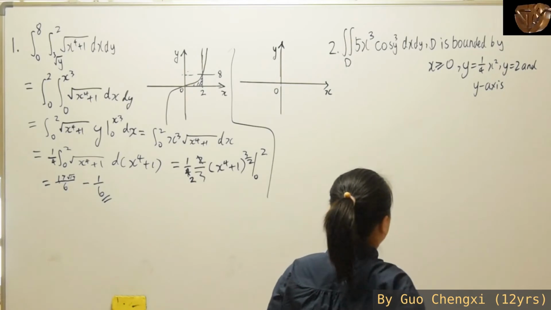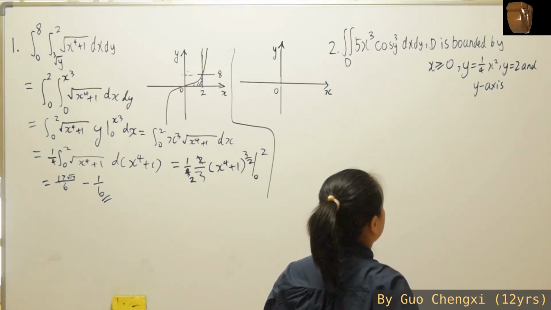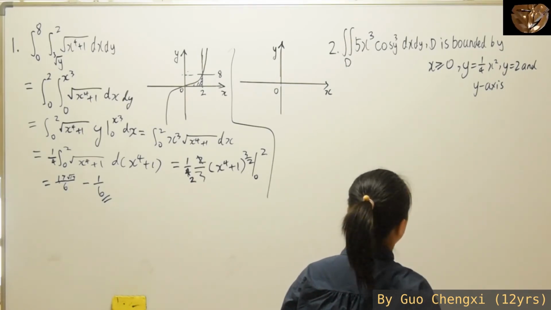So let's first look at 1 over 4 x squared.